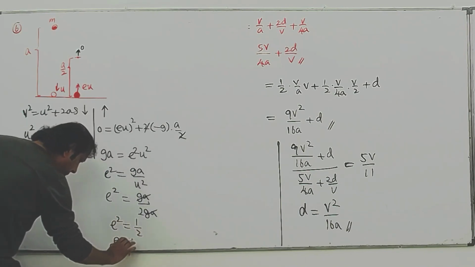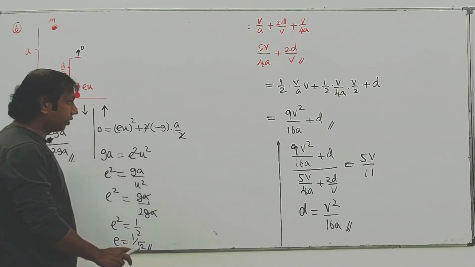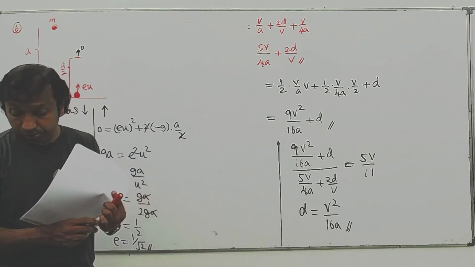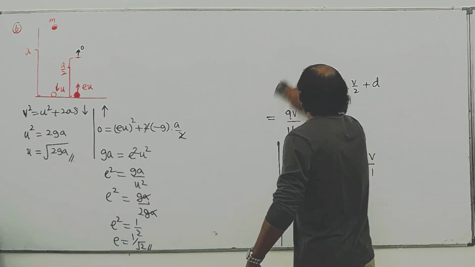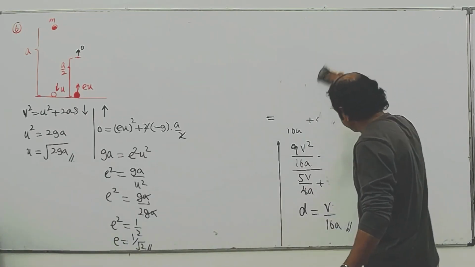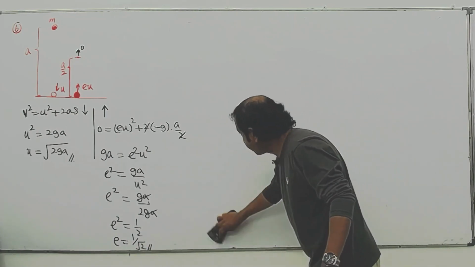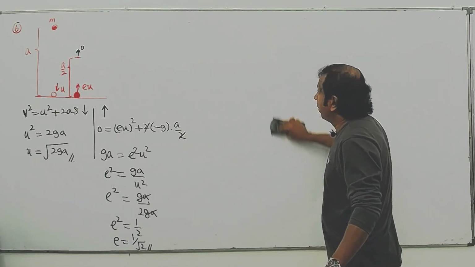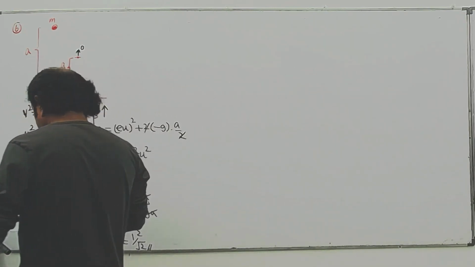Take the positive square root: e equals 1 over root 2. That is the coefficient of restitution that we got now.